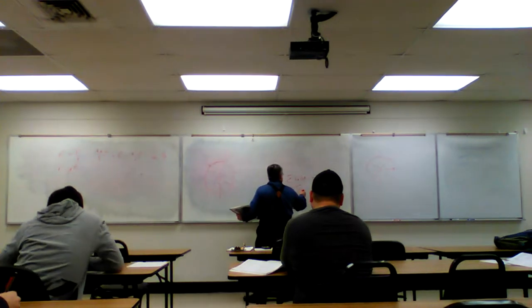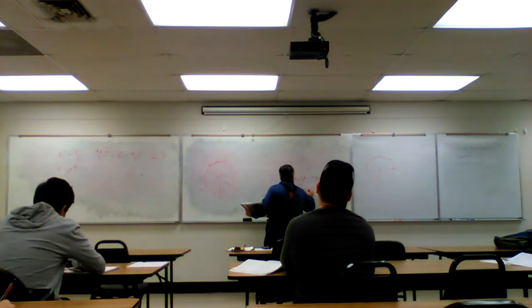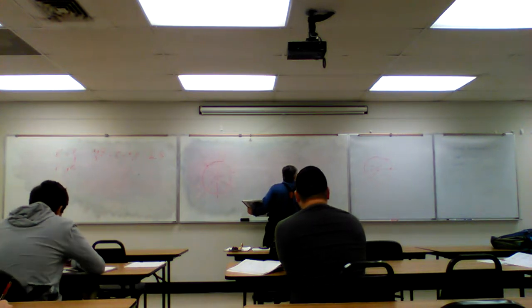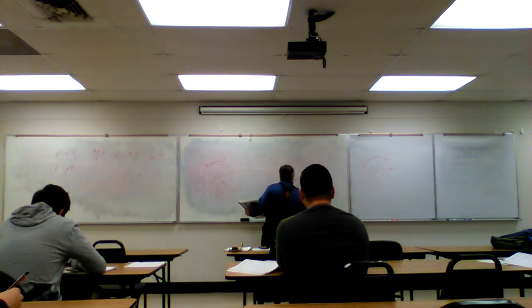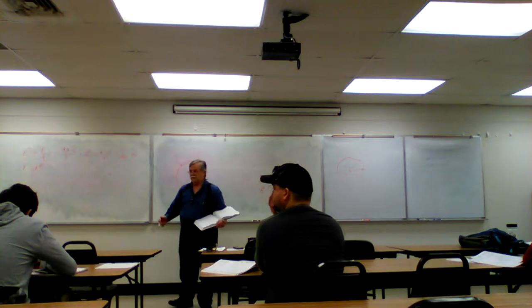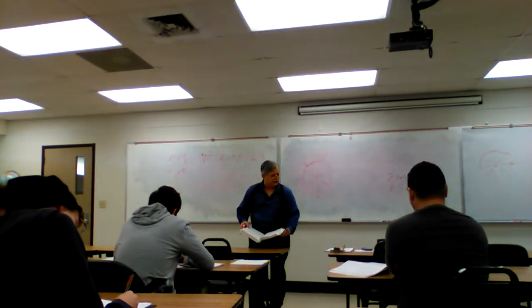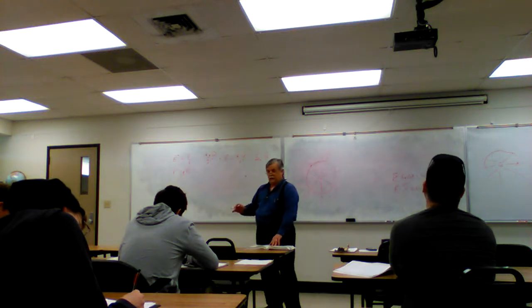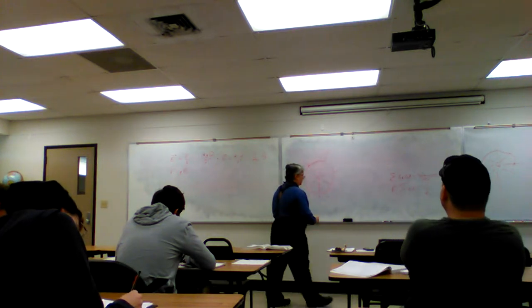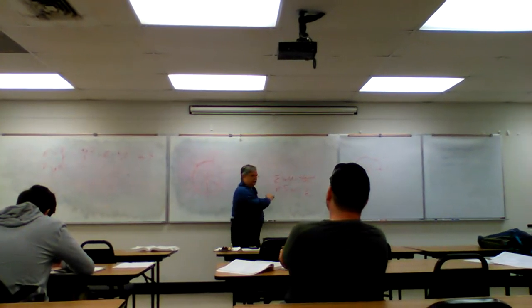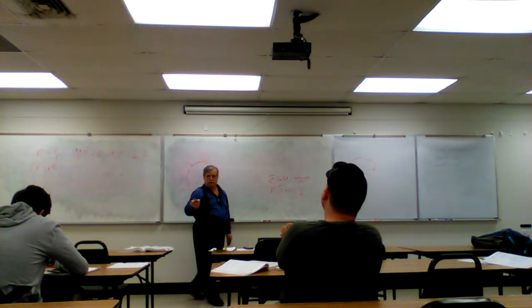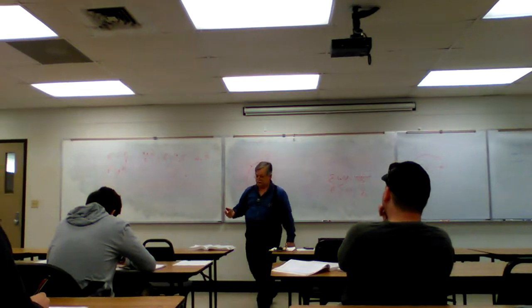And that leaves us with just the sum of all the little delta areas. And that'll be equal to Q over epsilon sub naught. Well, what's the sum of all the little tiny areas? If you sum up all the little discrete pieces of area, you end up with the surface area of the sphere.